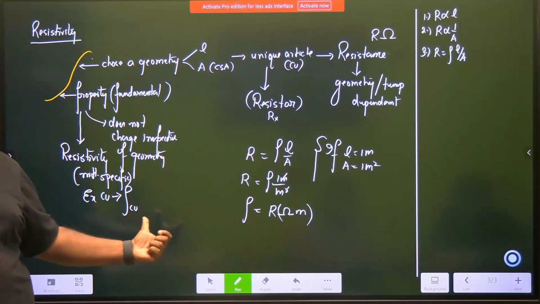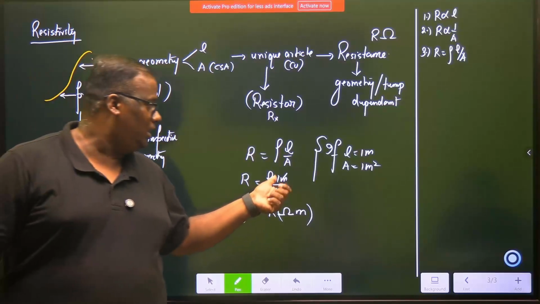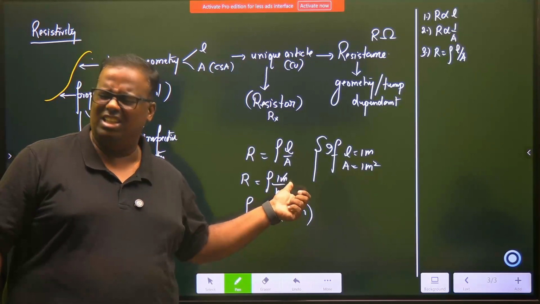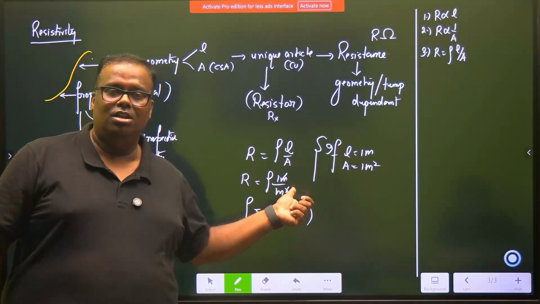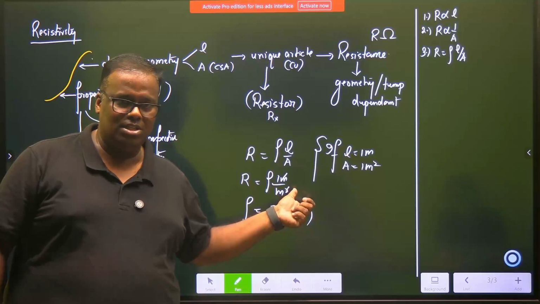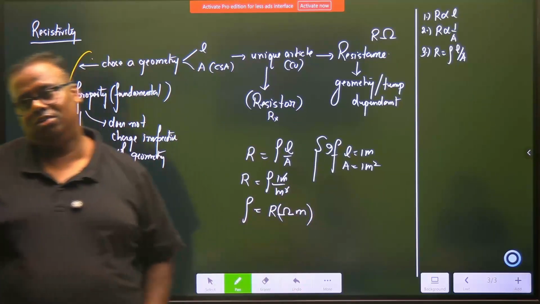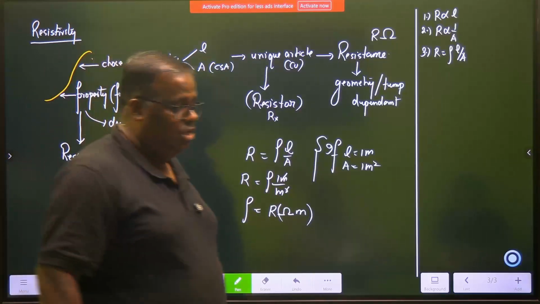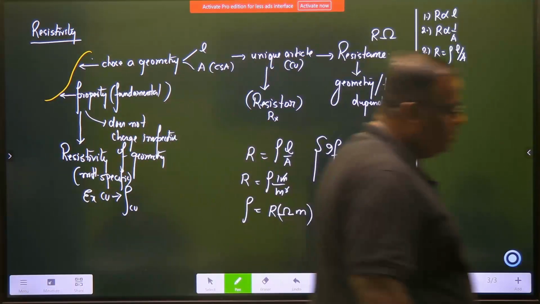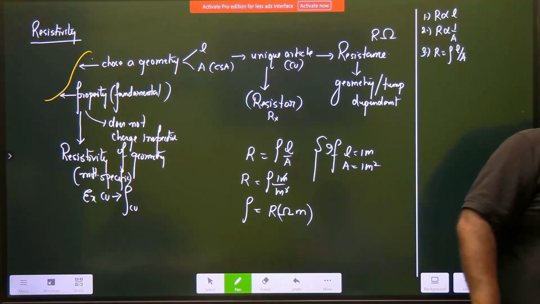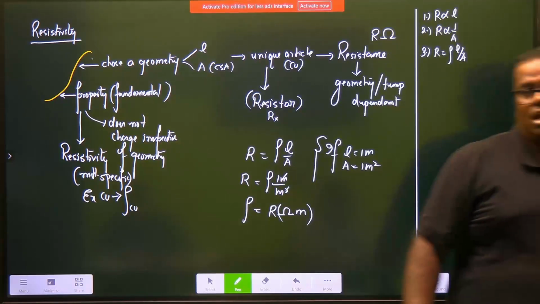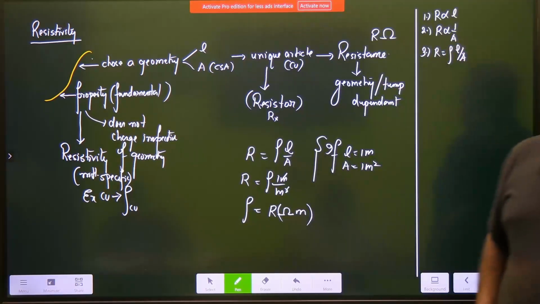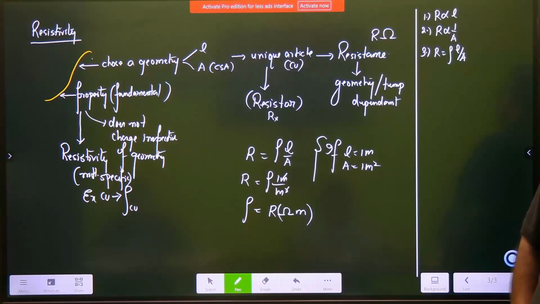Resistivity is the resistance offered by a conductor of unit length and unit cross-sectional area. Does it make sense? So resistivity is something, child, you cannot change. All you can change is how you groom the child in the days to come.